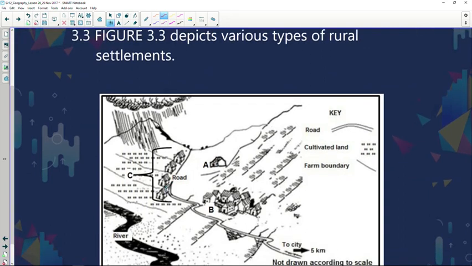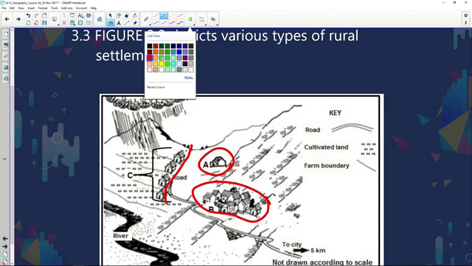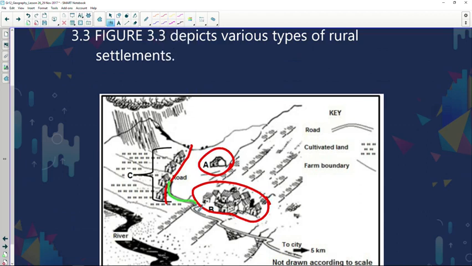At A, it looks isolated and very close to a transport route. That looks like a linear pattern. That looks like a nucleated pattern over here at B. And as you can see, they are situated very close to a major transport route, and again, close to a water resource.